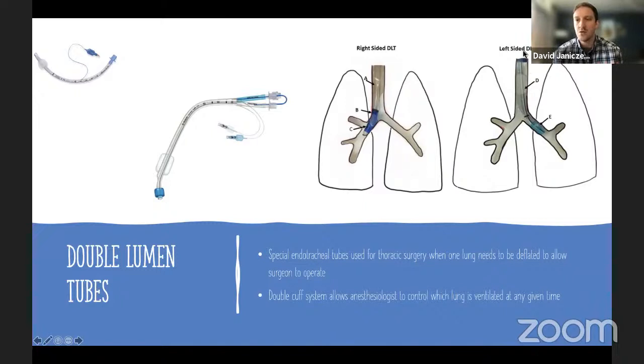And in this situation, we could ventilate either the right or the left lung. It's a nice tool to have, to give the surgeon the best views possible for operating on whichever lung they need to. We do that by clamping one of these lumens, and that will deflate the lung, and then we'll just ventilate through the other lumen.